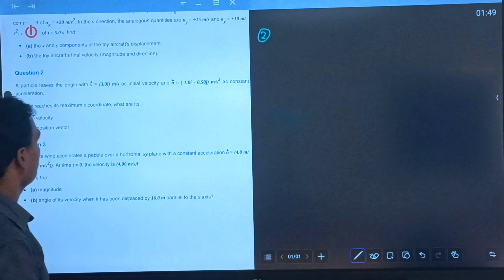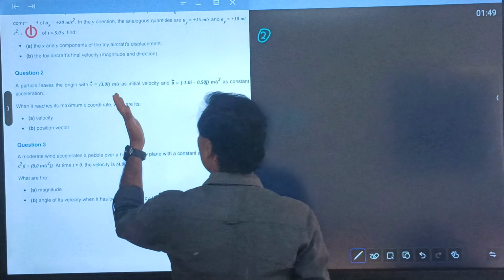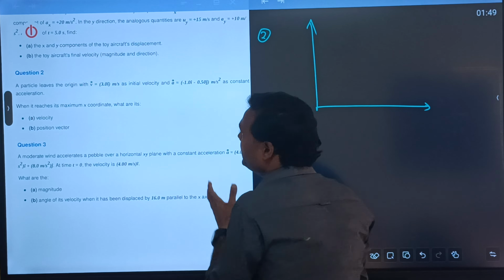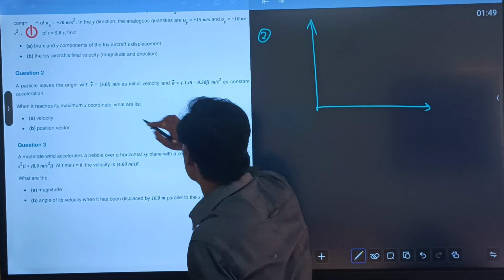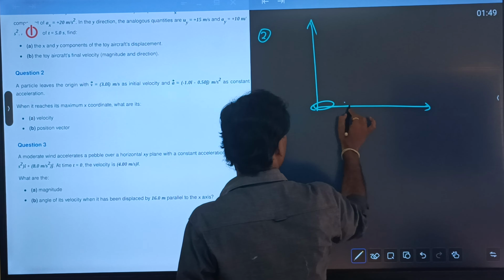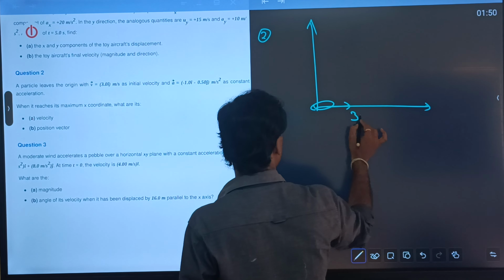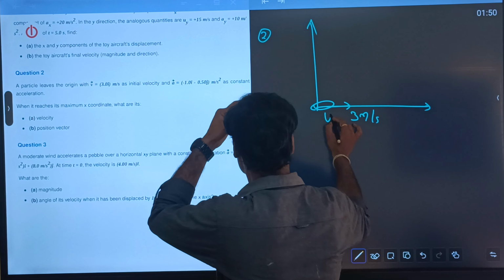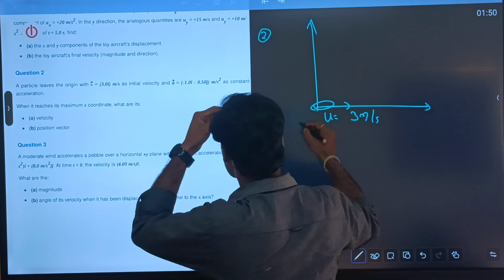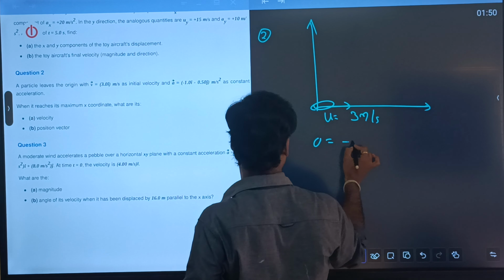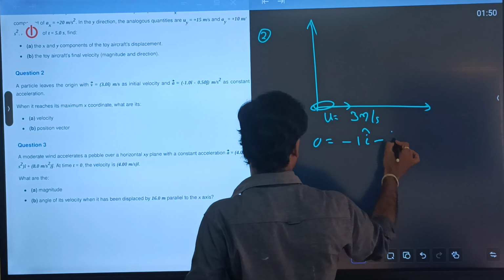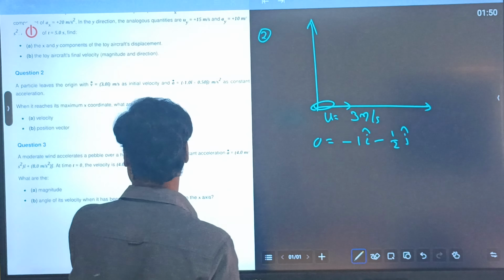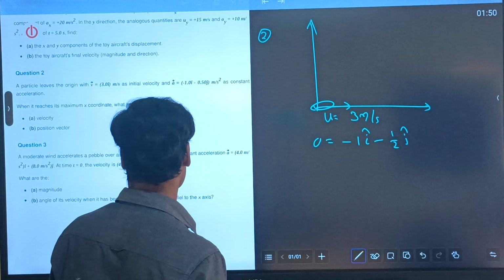A particle leaves the origin with a velocity of 3i. That means 3i is 3 meters per second on the x-axis as the initial velocity u, and acceleration a = -1i - half j meters per second square as the constant acceleration.